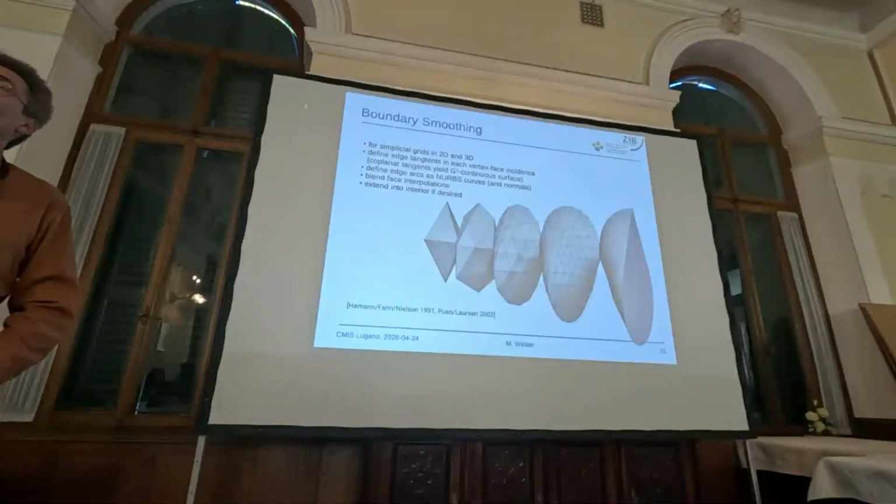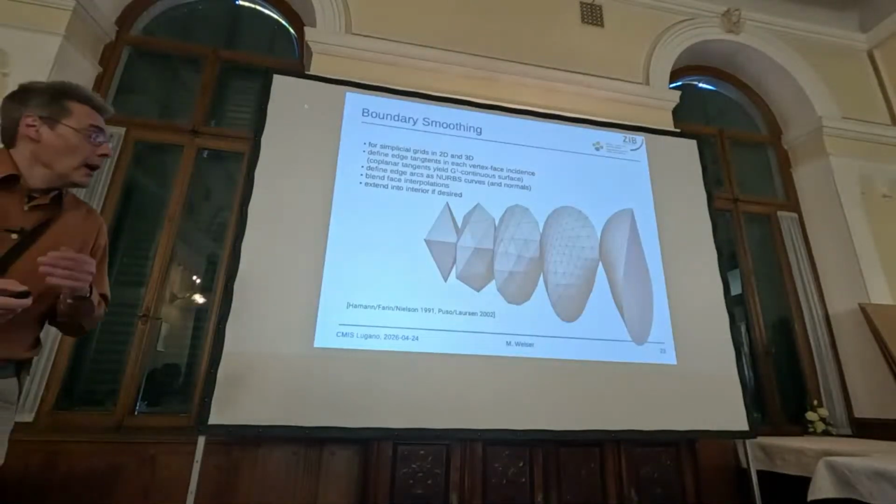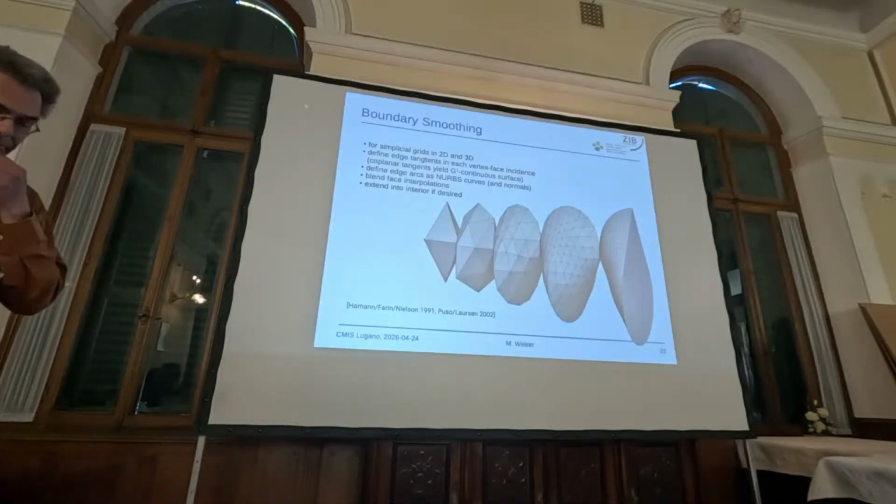We can interpolate smoothly with continuous normals a, say, piecewise planar surface, as shown here as an example, where this is actually the geometry description, but what comes out is a smooth structure. So this works nicely.